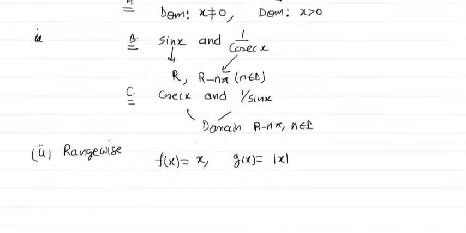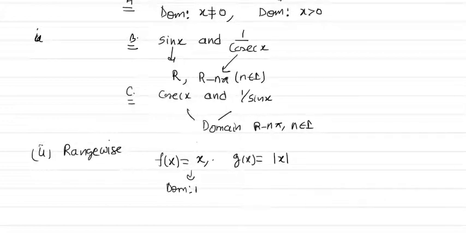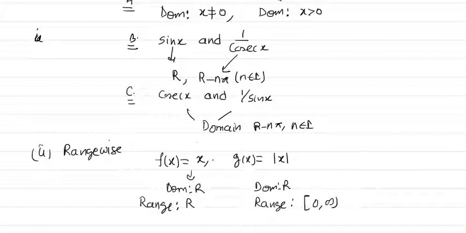It is highly understood that these are not equal functions, but if we analyze them, the domain is the same, r. Domain is not a problem here. But the range of x is r, while the range of mod x is not r; it is 0 to infinity. So x and mod x are not equal functions. Is this clear? Fine.